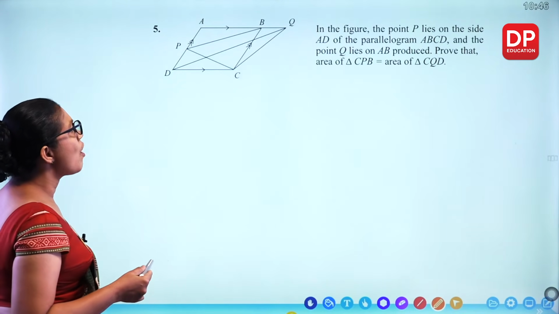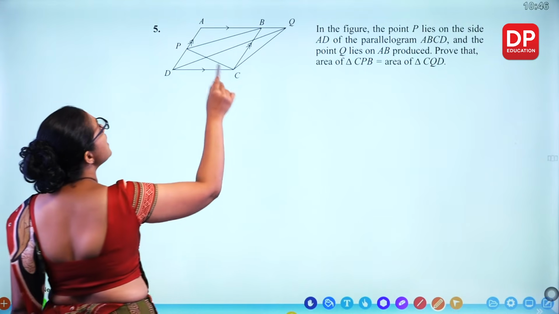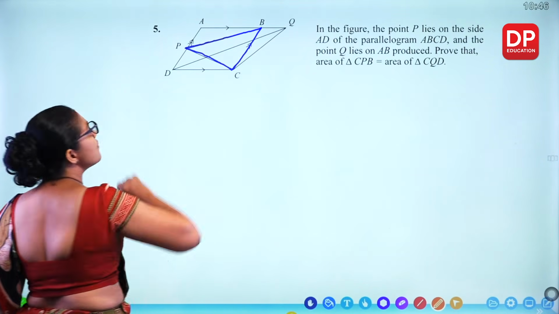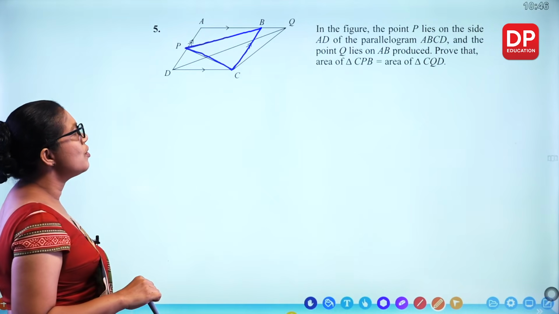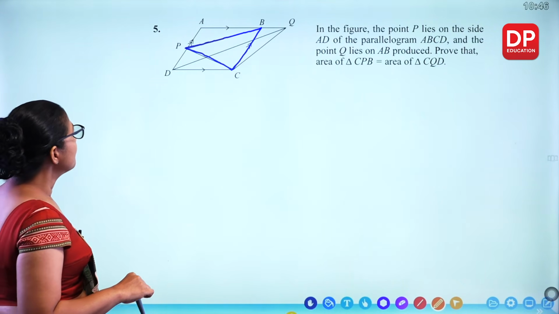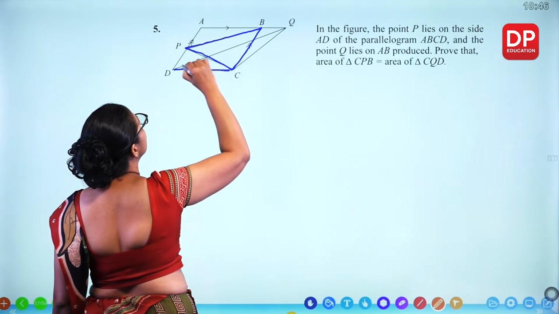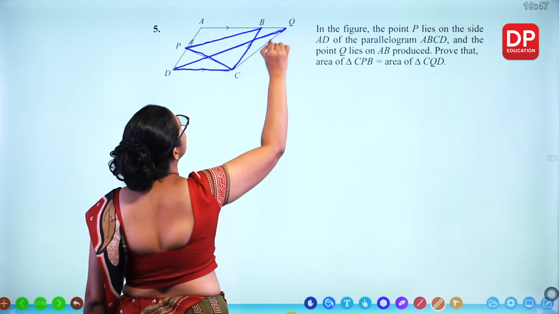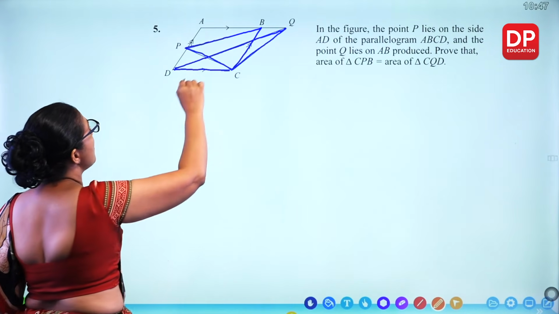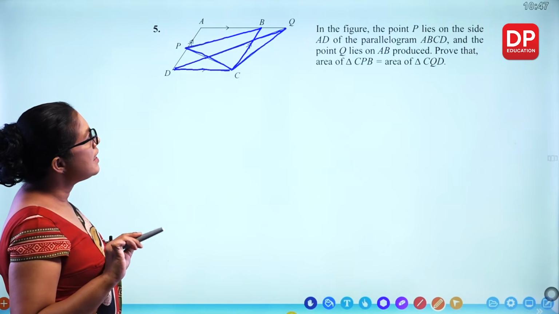Prove that area of CPB, this area, is equal to area of CQD. CQD is this one. How can we find out? We need to find out these areas are equal.